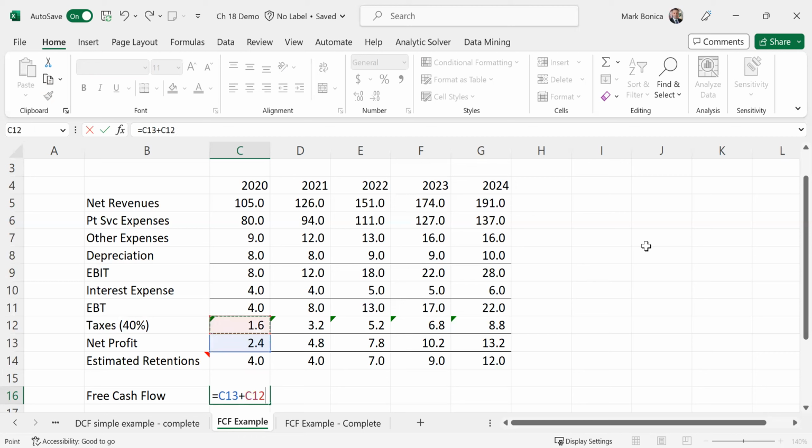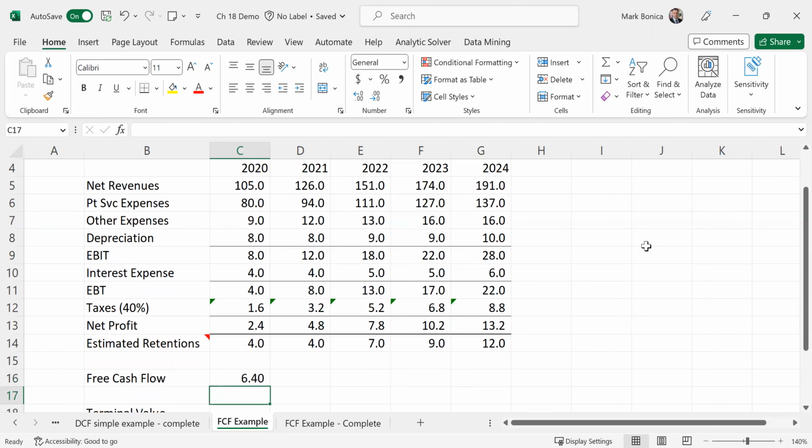Plus depreciation, but minus the amount of cash we need to reinvest in the business, our estimated retentions. So we actually have a free cash flow of 6.4. That's 6.4 million or 1,000 or whatever it is we want to talk about.